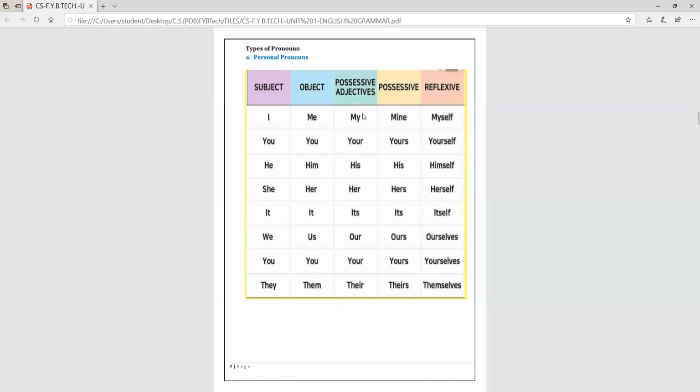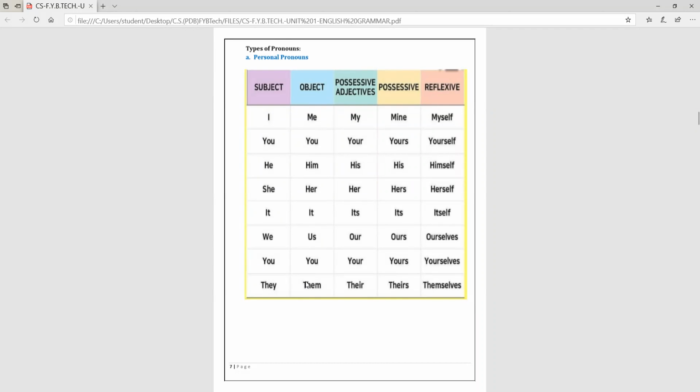This is the chart: subject, object, possessive case, reflexive case, and possessive adjectives. I, we, you, he, she, it, they are the subjects. Its object, when we change the voice of that sentence, becomes: I becomes me, you becomes you, he becomes him, she becomes her, it becomes it, we becomes us, you becomes you, and they becomes them.